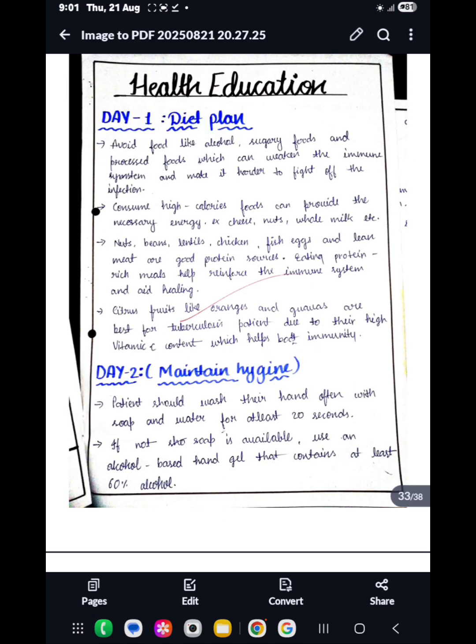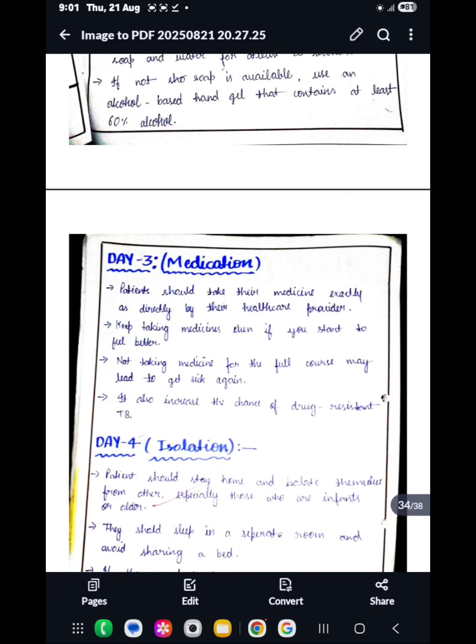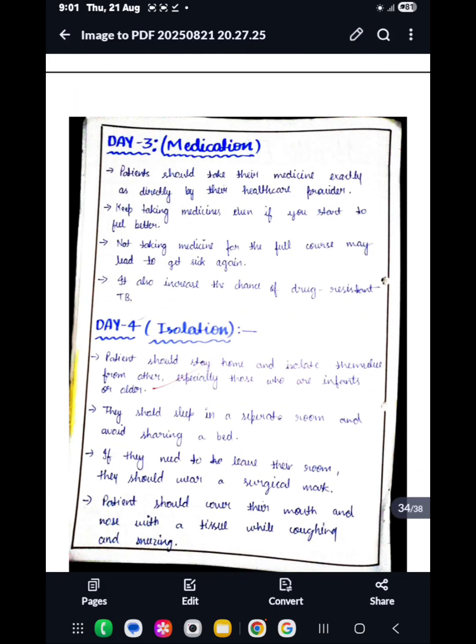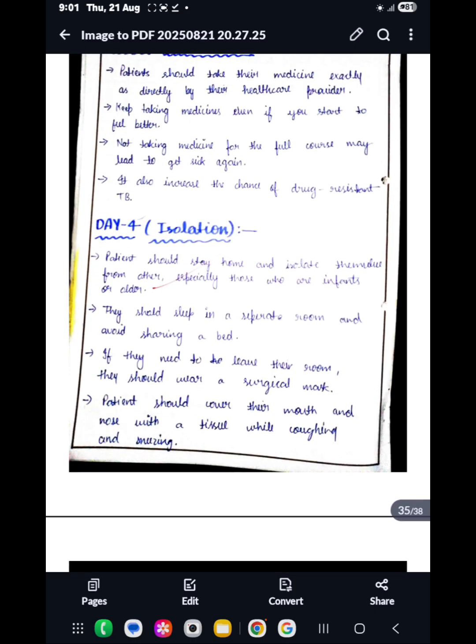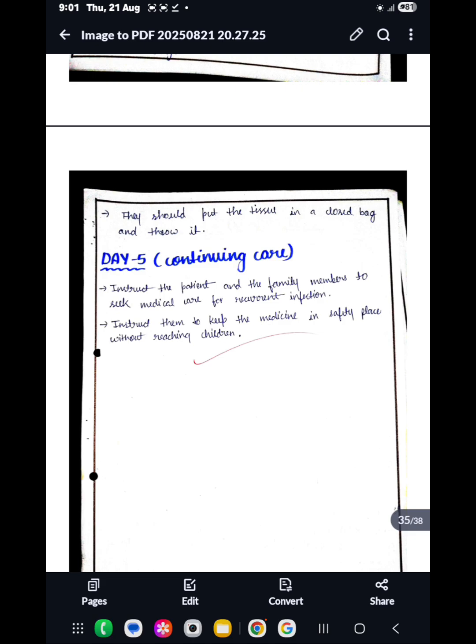Okay, diet plan: first we tell about his diet, what to eat and what to avoid in food. We maintain hygiene, and medications, like take all medicines at the right time in the right dose and don't skip any medicines. Then isolation, of course, because it's a communicable disease. Patients should live in isolation for some days.